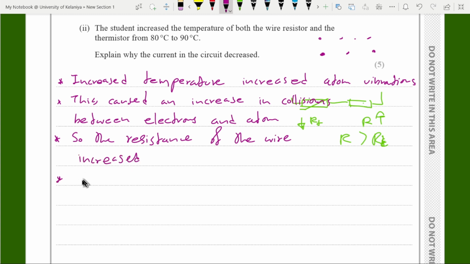Because the current decreases, the total resistance of the circuit must increase, right?